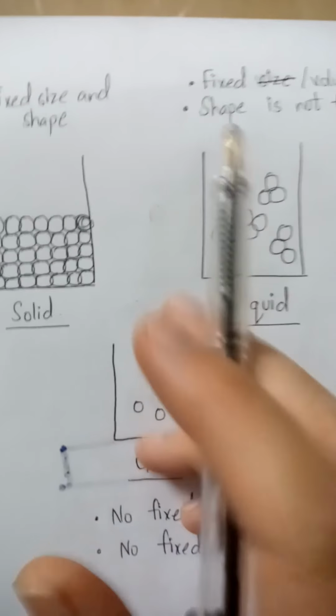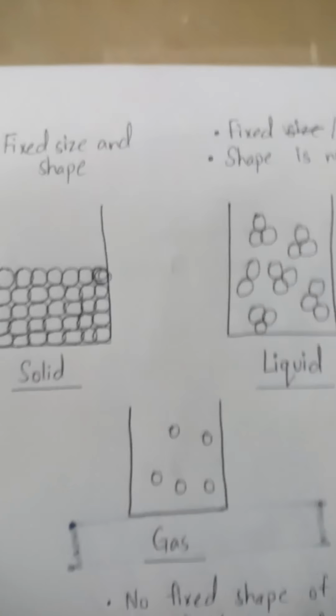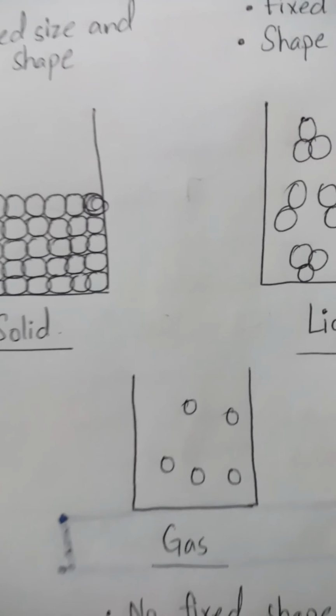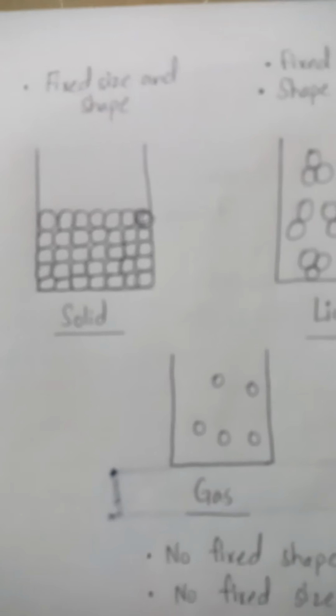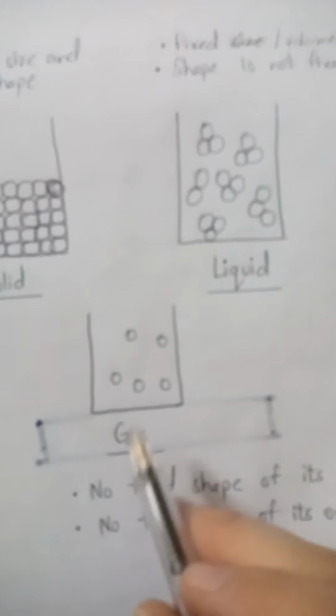One example is that if you spray perfume at one corner of a room, immediately you can smell the fragrance at the other corner of the room. So you can observe that gases travel faster, and that is mainly because of the arrangement of the atoms in this case. Why? Because they have a lot of space and a lot of distance between each other. You can see the difference clearly.